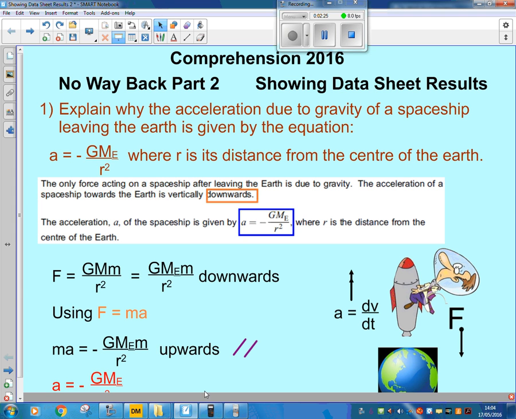And then all we need to do is to cancel things down. And so if I look at this, I can cancel out the m's, and I get that the acceleration is indeed minus g me over r squared, which is what we wanted to show.